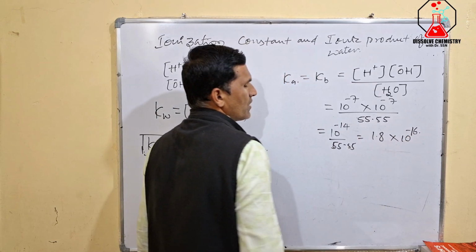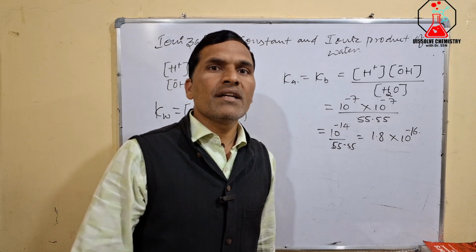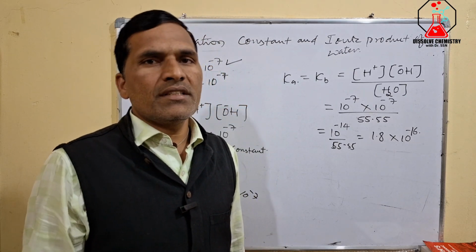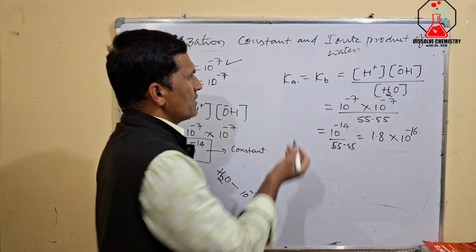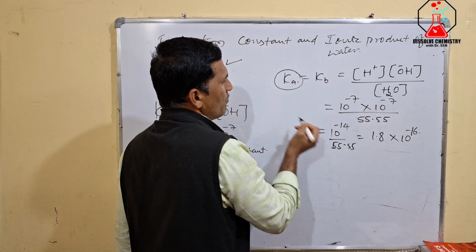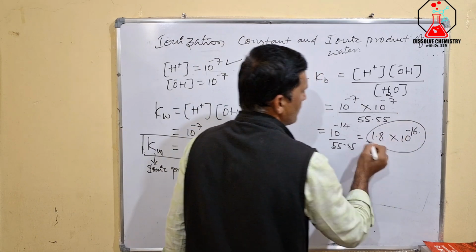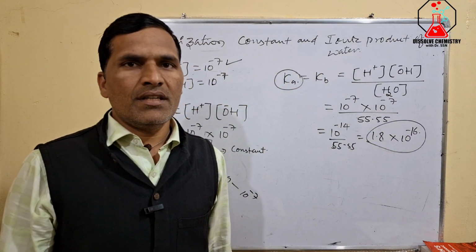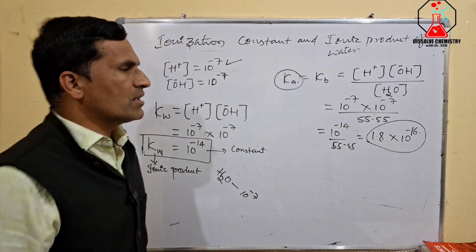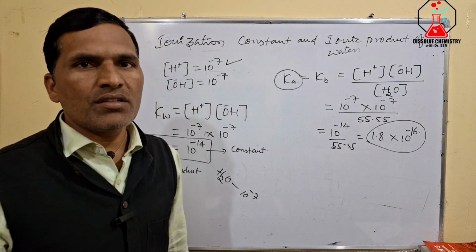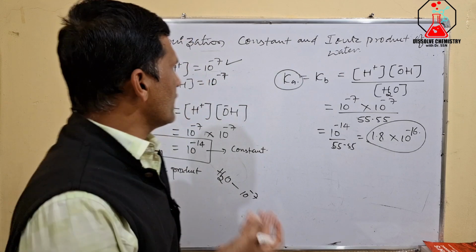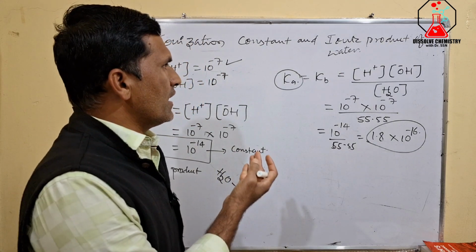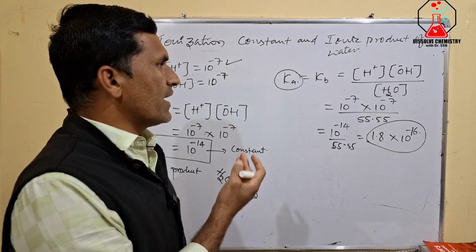So that is the dissociation constant if you consider it as an acid or as a base; the value remains the same, 1.8 into 10 to the power minus 16. So we have seen the dissociation constant, then the ionic product of water, and then the molarity of the water.